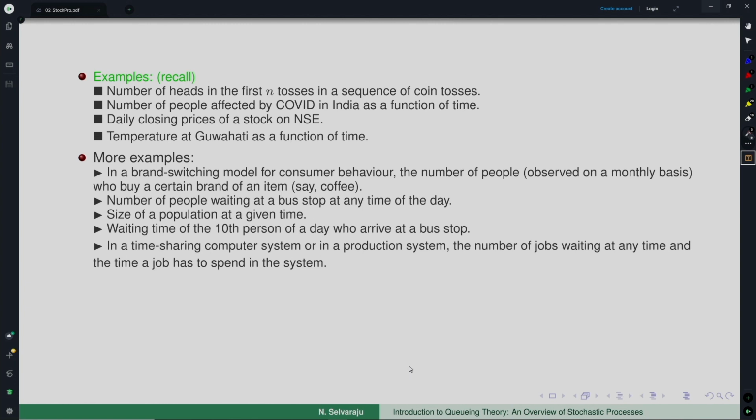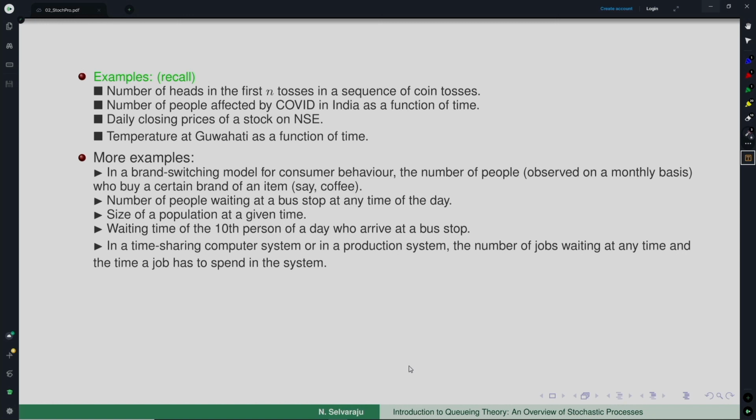Now see the situation: number of people waiting at a bus stop at any time of the day. So, time is continuous. Suppose the same thing, if you are looking at every hour, then the time becomes discrete, and the number of people also becomes discrete. That is why the specification is important: at any time of the day or at every hour, accordingly your state space and index space would differ.